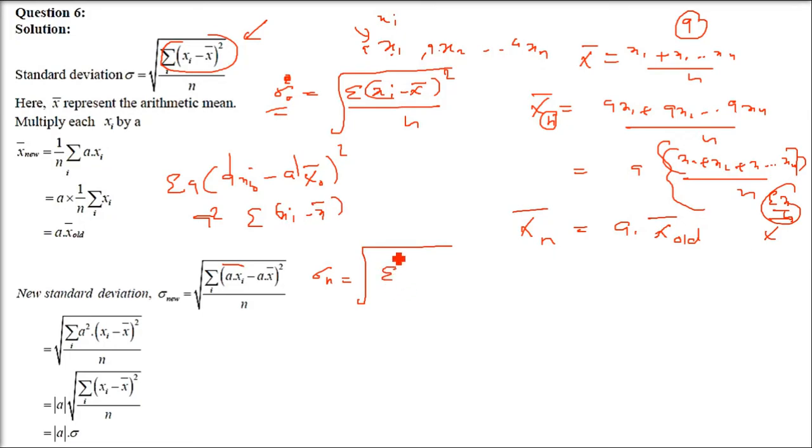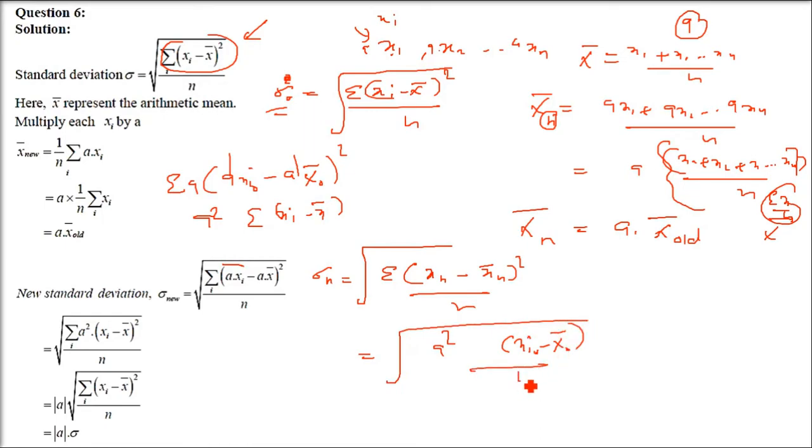So I can write this whole term as x new minus x bar new. A square, I just told you, I have taken as a constant because it is inside the square, and then xi minus x bar, which is the old form, divided by n, and this all is under root.